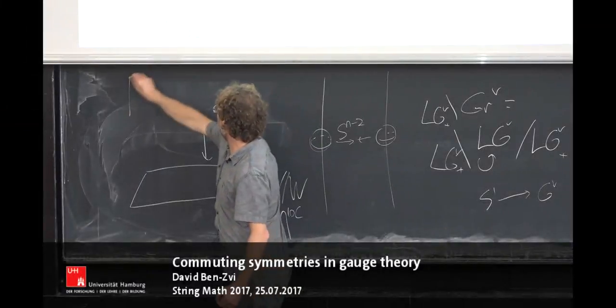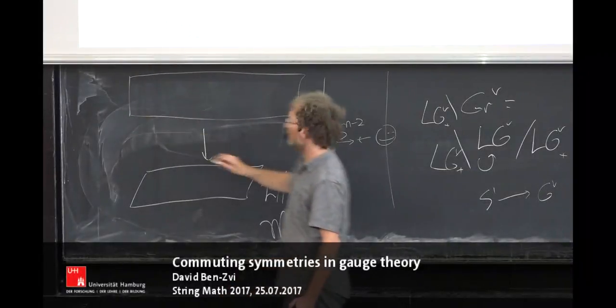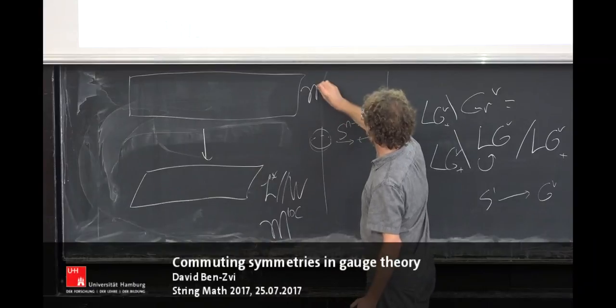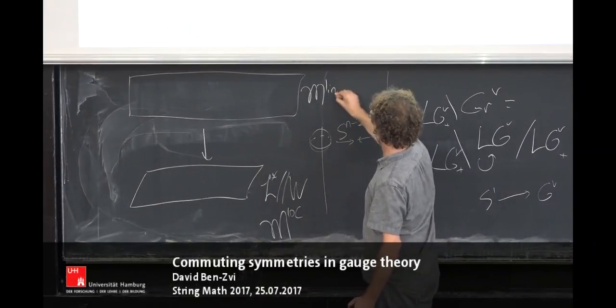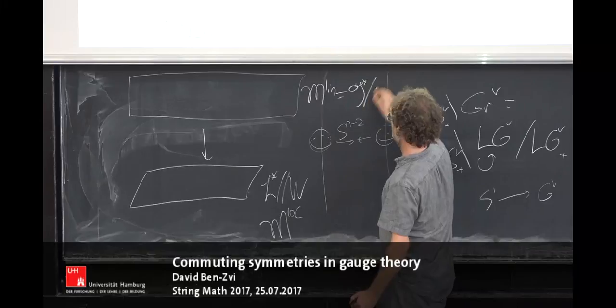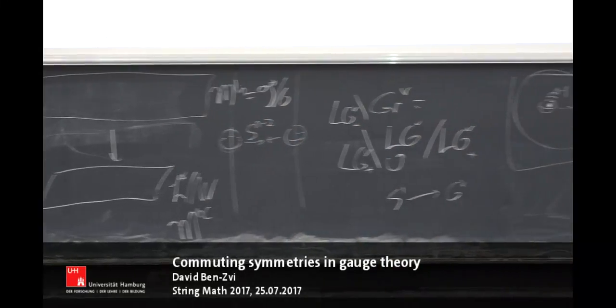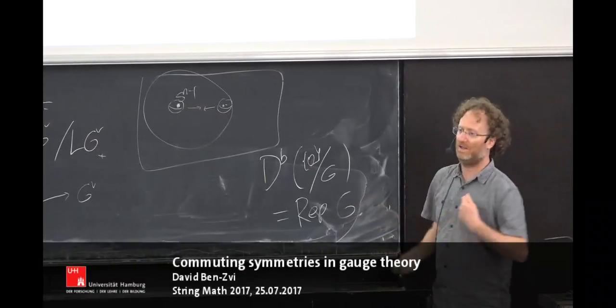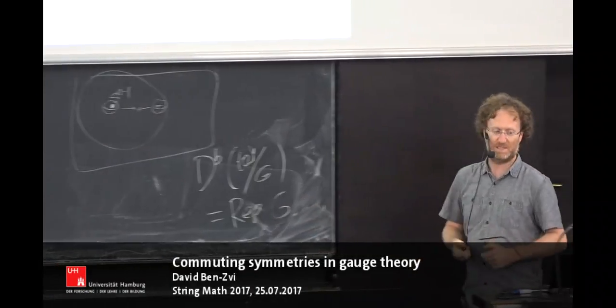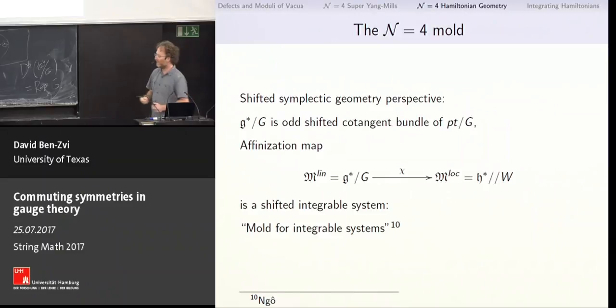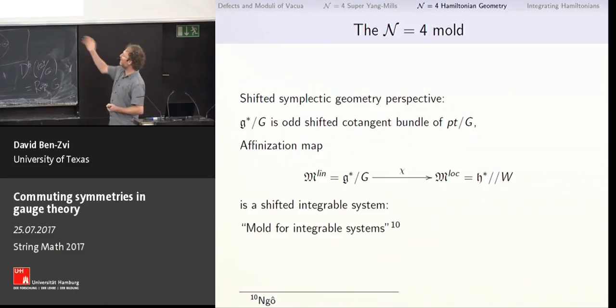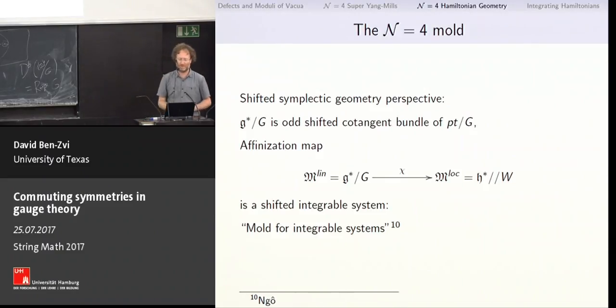Up here, I have the space given by line operators, which is the stack G dual mod G. And there's a map, which is this affinization map. The claim is that this map is an integrable system in the shifted sense. Without the symplectic geometry aspect, this map was emphasized in the work of Ngo Bao Chau, who called it the mold for a whole family of integrable systems.